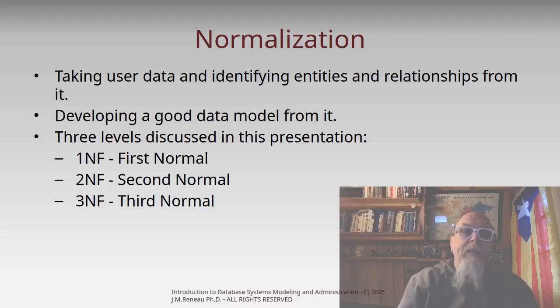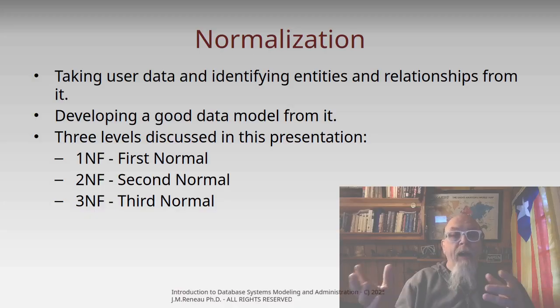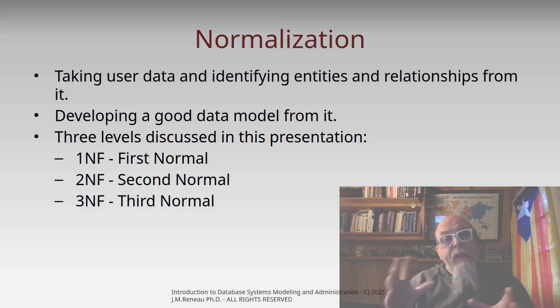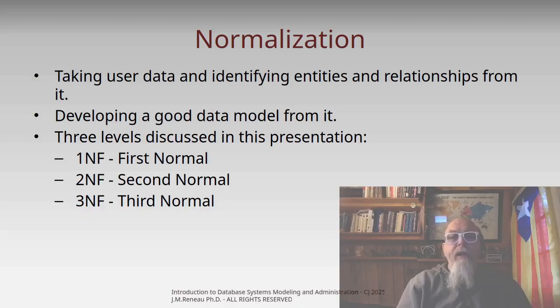Normalization is the process where we take a user's data, often a spreadsheet or some kind of semi-structured or mostly structured data, and we identify the entities within that spreadsheet or collection of data, and then we identify the relationships between all of the entities within that data.